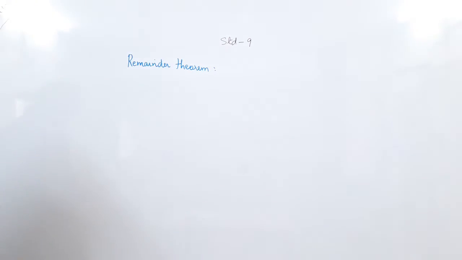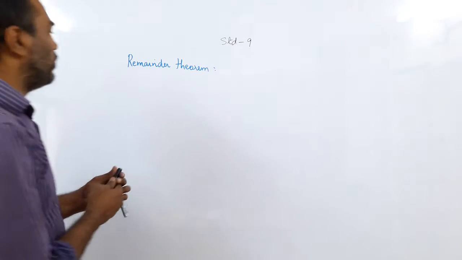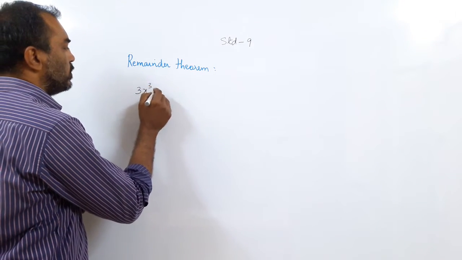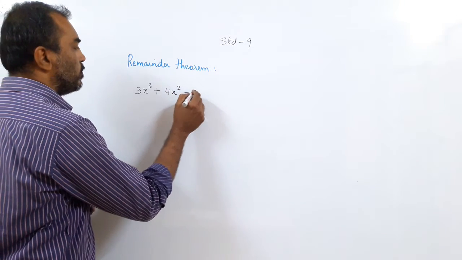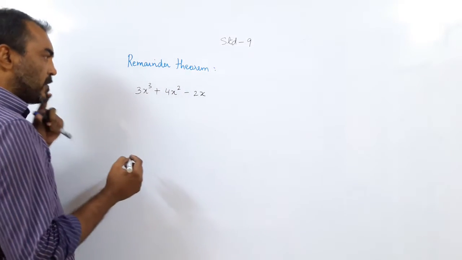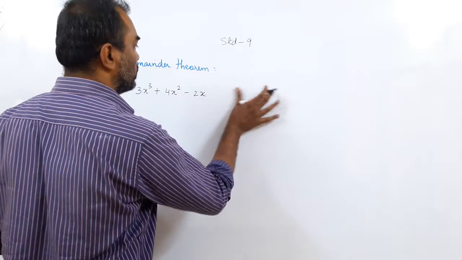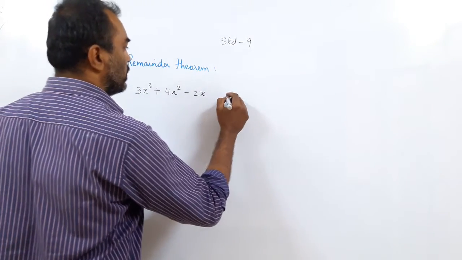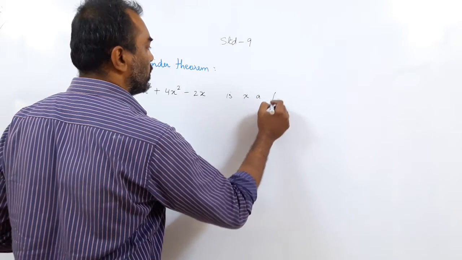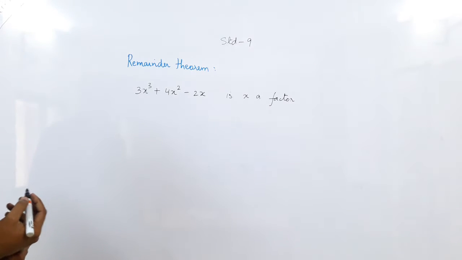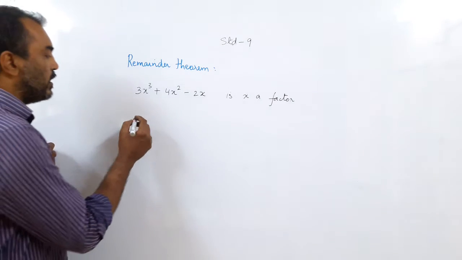Okay? So for example, I have got 3x cube plus 4x square minus 2x. So let me check what are the factors here. Okay, is x a factor? So how do I find out if x is a factor or no? I have to divide this and see whether the remainder is 0 or no. Now how can I divide this?